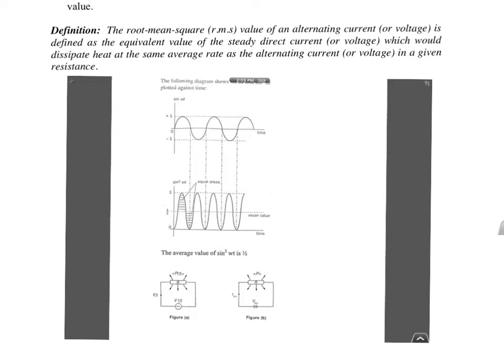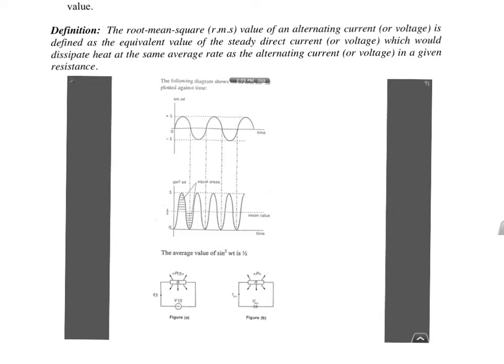So 2 volts DC produces 5 watt in your resistor, average power of 5 watt, and it also produces 5 watt in your AC. So which means to say the voltage that we are using here, the RMS value, is called 2 volts. But of course the peak value is definitely not 2 volts. But the idea behind the RMS voltage is it is the equivalent value of the steady direct voltage.